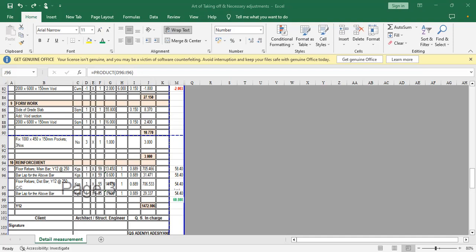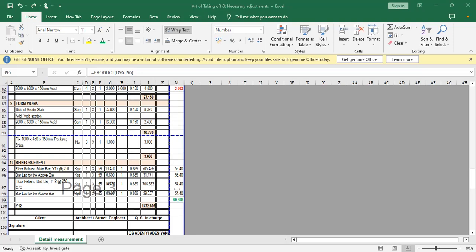But if you are doing the same type of job in another region of Nigeria, let's say the Niger Delta region where we have swampy soil, it's a must for the QS to consider disposal of water and probably earthwork support in order to ensure safety on site.